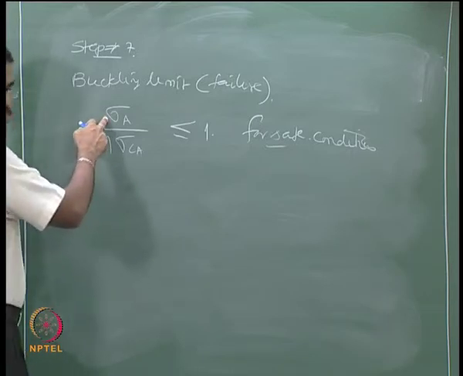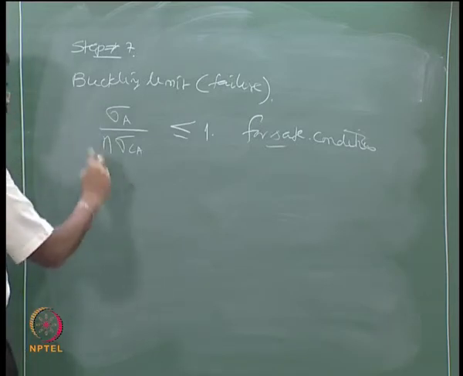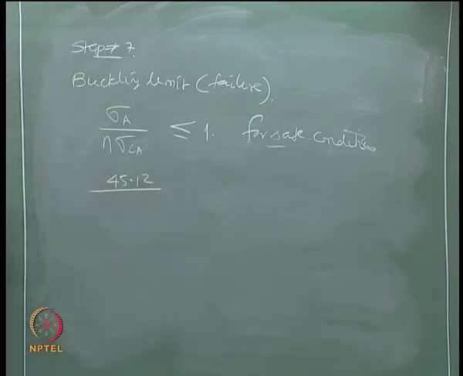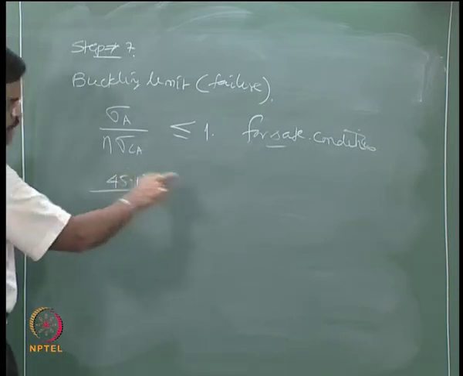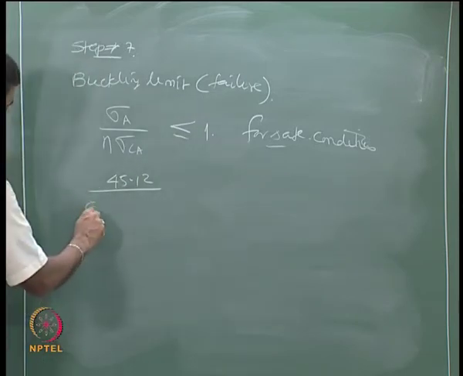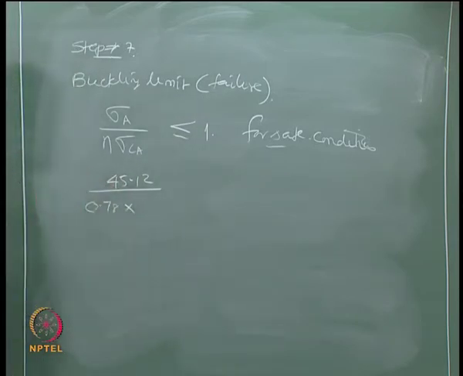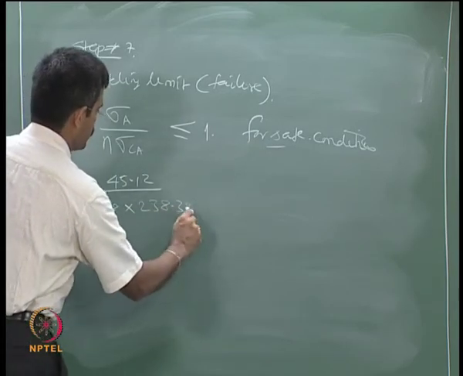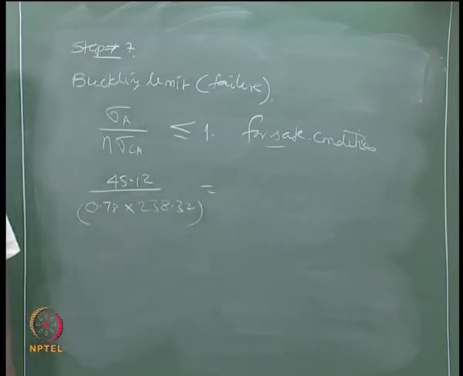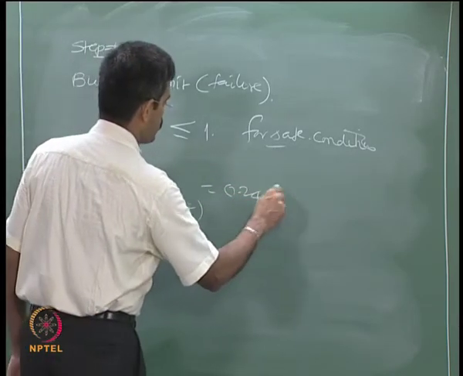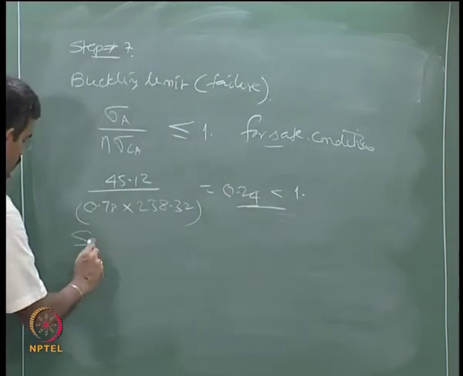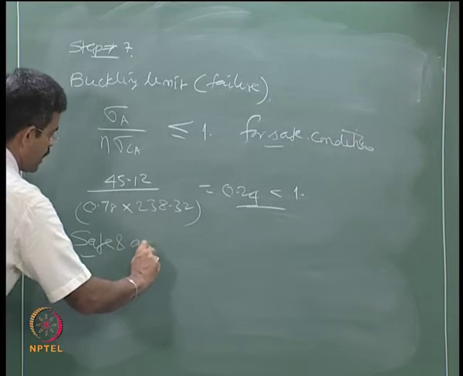Sigma A, we computed the direct compressive stress in the first step, which is 45.12, and n I have just computed in the previous step, which is 0.78, and sigma Ca is 238.32, which gives me a value of 0.24, much less than 1. So, the section is safe and adequate.